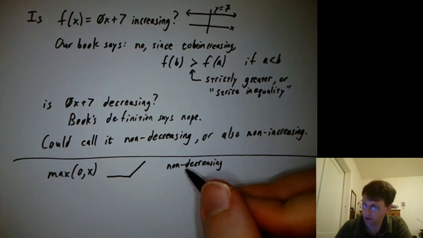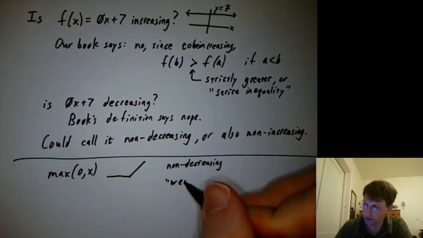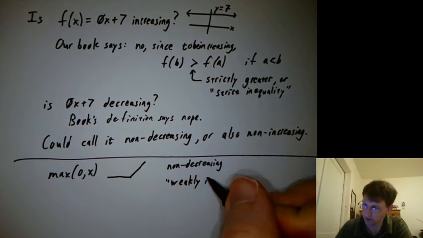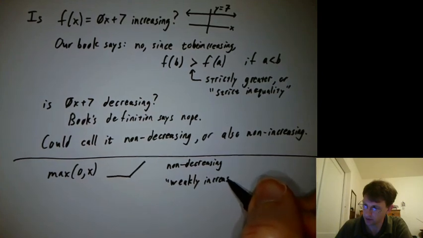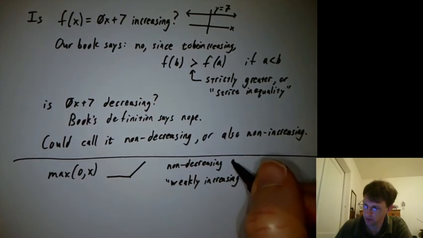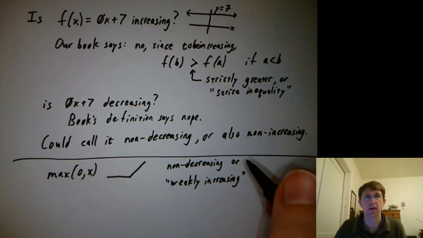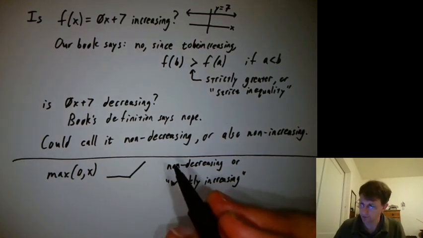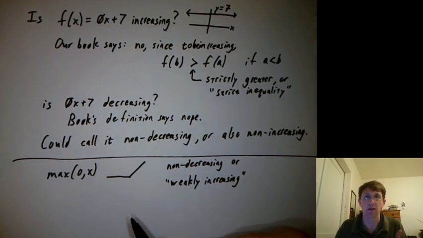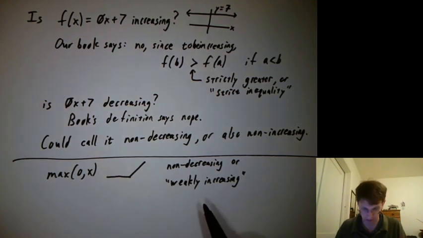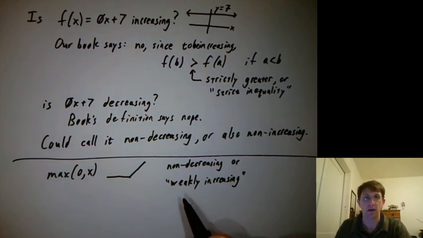Or we could say it's called weakly increasing. And similarly, something that is either decreasing or constant could be called non-increasing or weakly decreasing. All right.